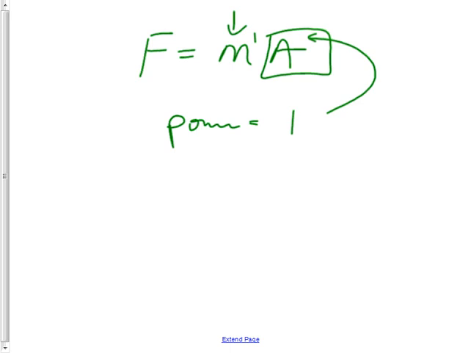I'd like you to write me a power function for that. I'm not even asking you to name the power and the constant of variation. Just tell me a power function for that.